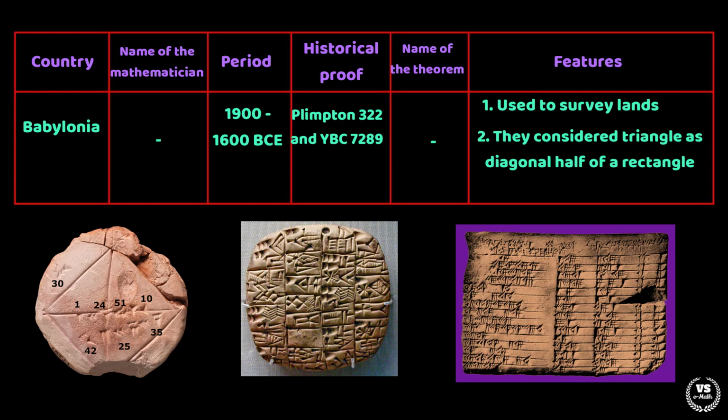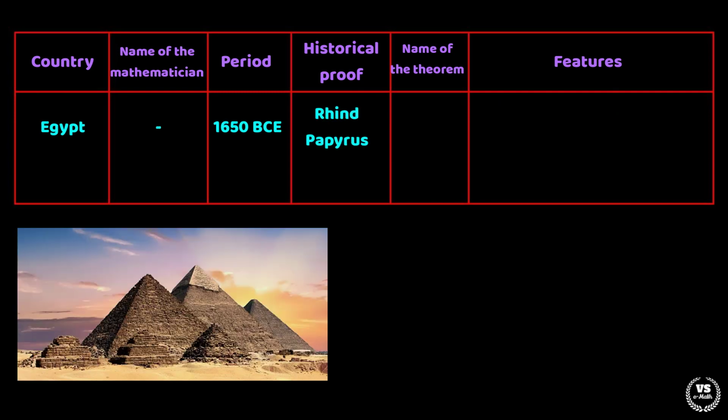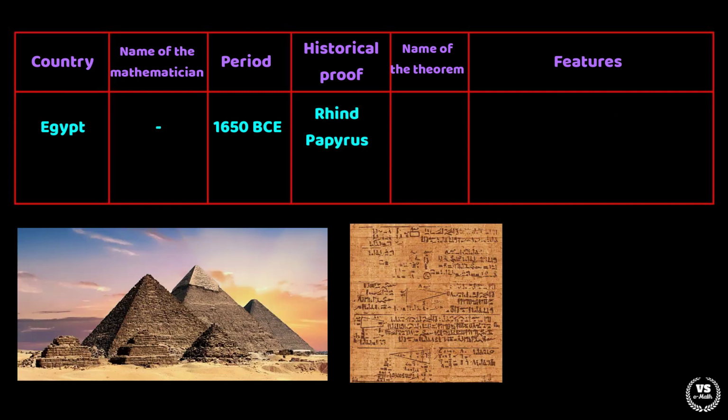They considered triangles as the diagonal half of a rectangle. Now, let's move on to Egypt, where we have the pyramids. The Rhind papyrus, which was found in the excavations, contains 84 to 86 puzzles, out of which one deals with calculating the slope of the pyramid, that is the hypotenuse.